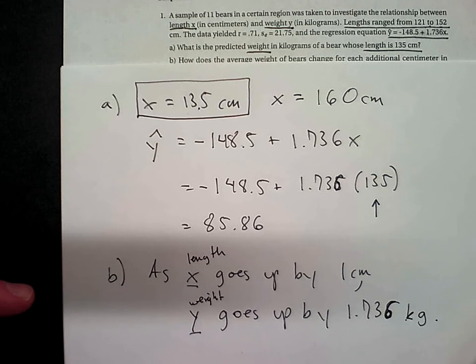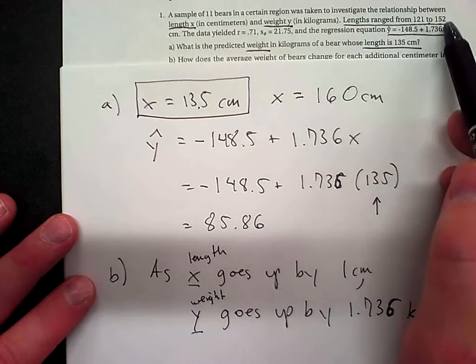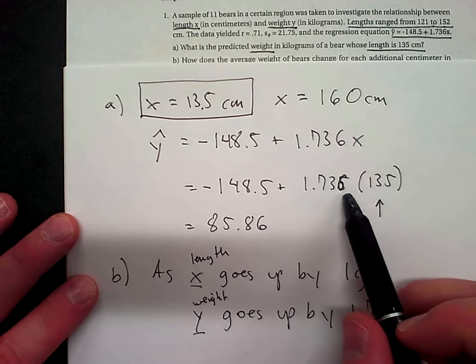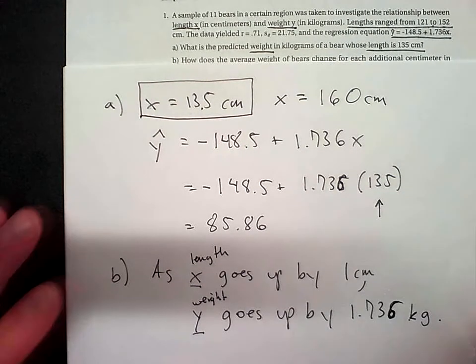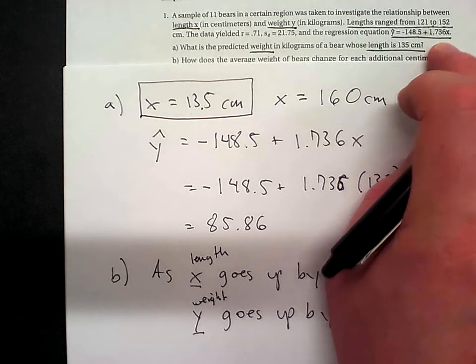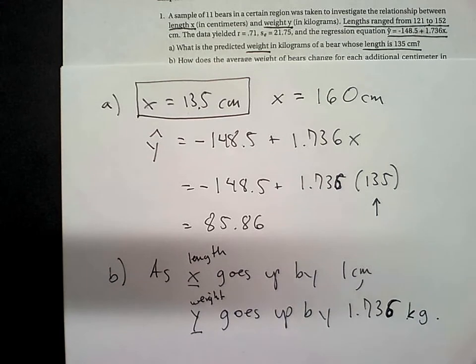You are not allowed to extrapolate your regression equations, your regression lines. Soon after you step outside of these bounds, the probability that your regression equation is accurate declines significantly, very, very quickly. So therefore, we simply say that we can only use x values in the range of the data that we have.